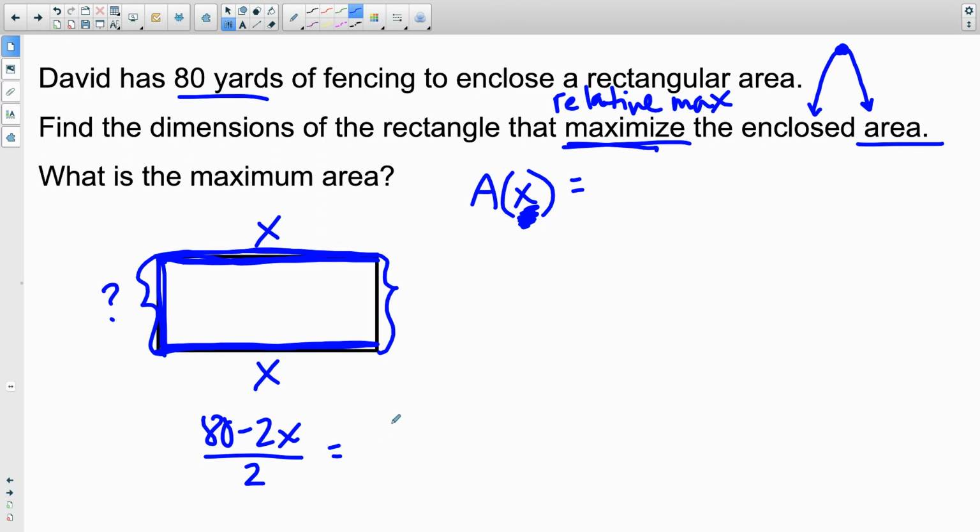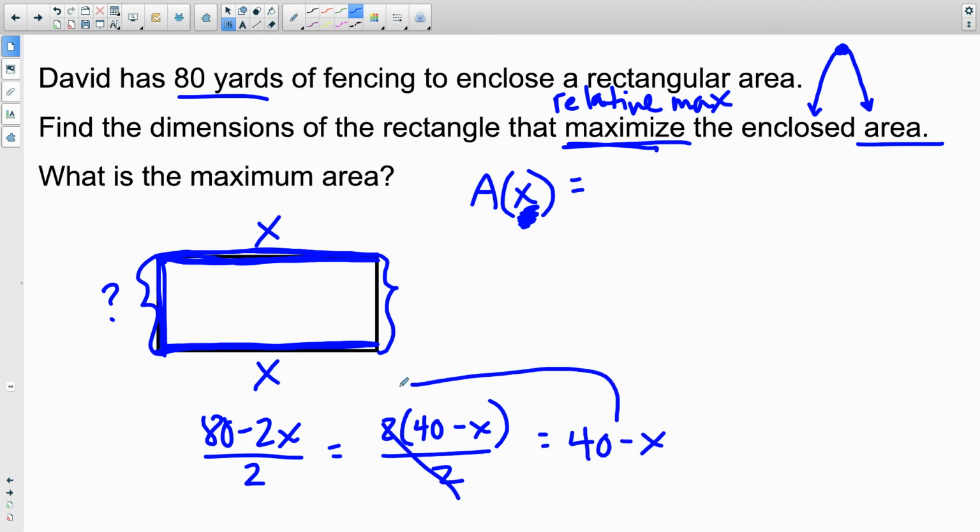Okay, so what does that look like? Well, I can't cancel this 2 with just this 2. I'd have to factor 2 away from the values in the numerator, then I could cancel it. So 40 minus x is a representation for this side length. Okay, so I don't have to use the question mark anymore. Now I know that this side length is 40 minus x.